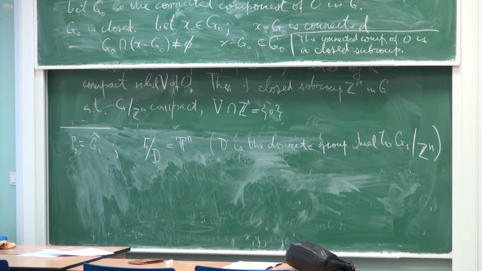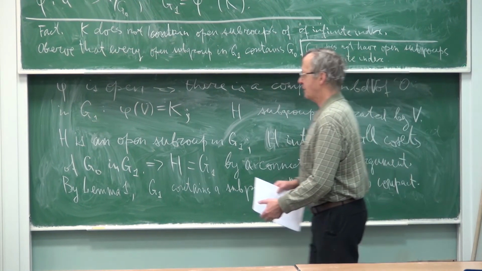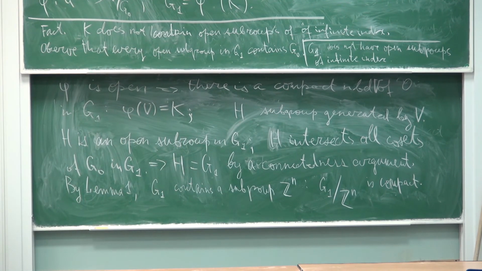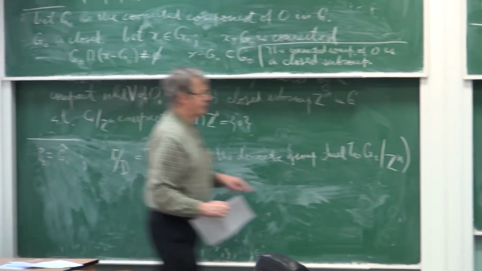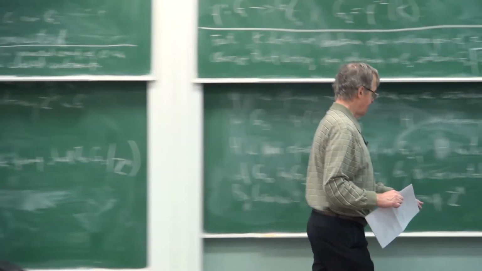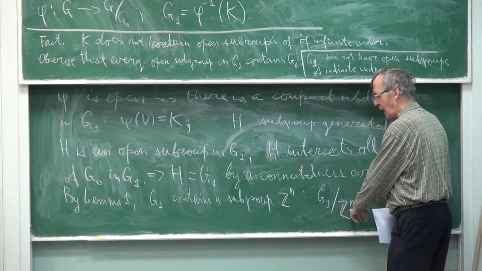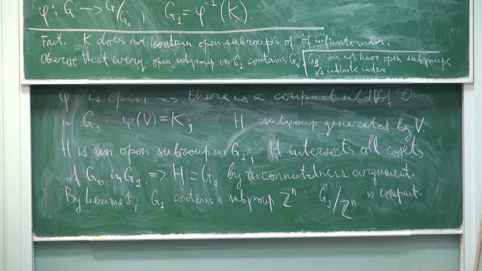So this quotient is compact, its dual group is discrete, let's call it D, and then if we take the dual of G1 and take its quotient by D, then we obtain the dual of this group Z to the power n, that is Tn, the torus of dimension n.